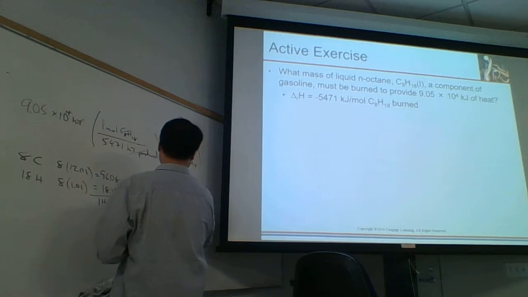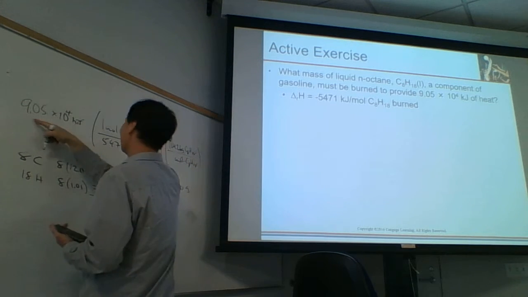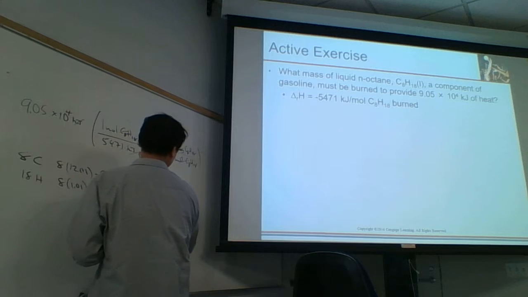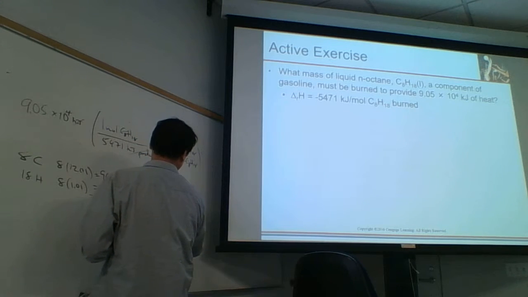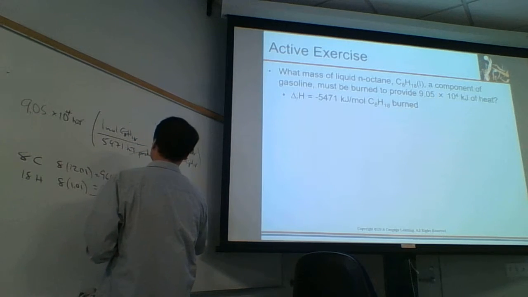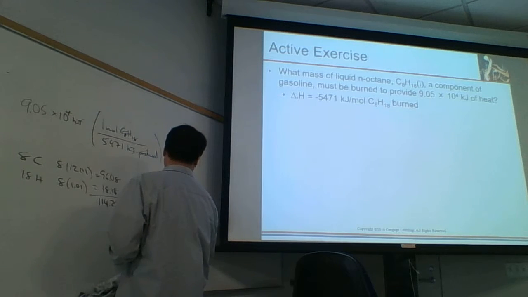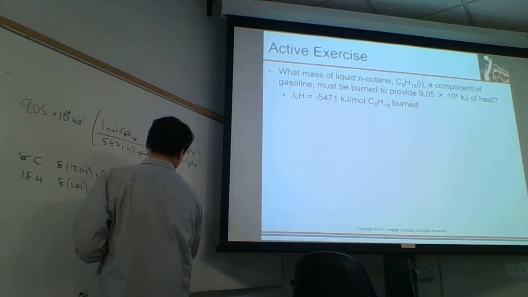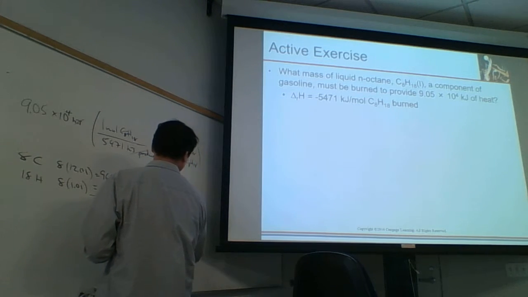We're allowed 3 sig figs, so I could just leave this as 1,890 grams C8H18, or I could write it using scientific notation, 1.89 times 10 to the 3rd grams.